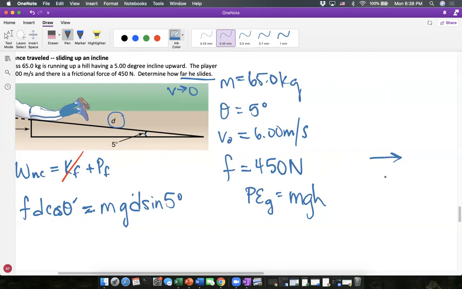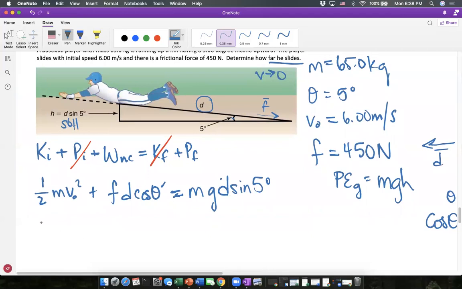So our frictional force is trying to pull him back. That's how I think of it. And our displacement is going to be in the exact opposite direction, actually. So with that information, our theta prime should equal 180 degrees, meaning our cosine of theta prime is equal to -1. So again, our frictional force is going to be in the exact opposite direction of this displacement.